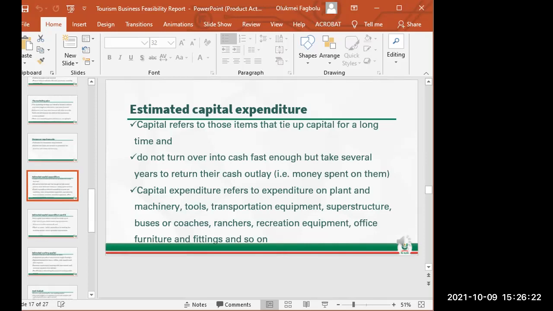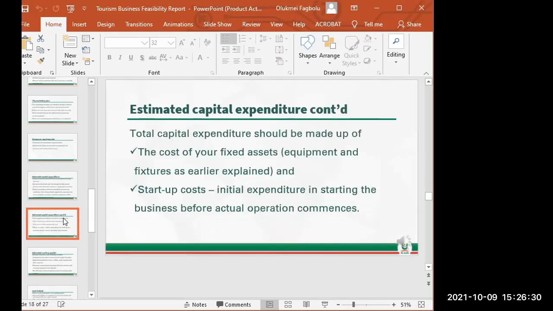Before I move out of that slide, under estimated capital expenditure, it will also include the cost of fixed assets, that is how much we are paying for those capital assets, fixed assets.